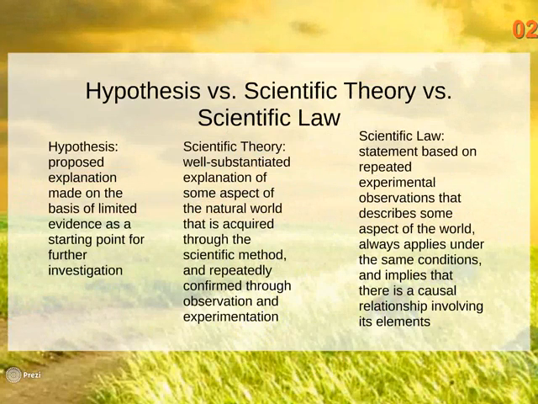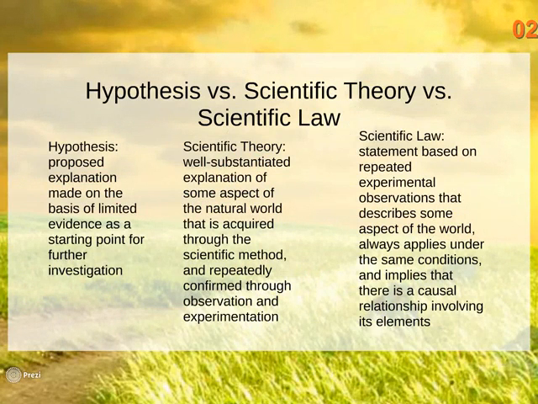So when we talk about scientific theories and scientific laws, a lot of times there's some confusion. There's confusion between what the term hypothesis actually means. Your hypothesis is a proposed explanation made on the basis of limited evidence as a starting point for further investigation. The hypothesis is actually very early on in the process.